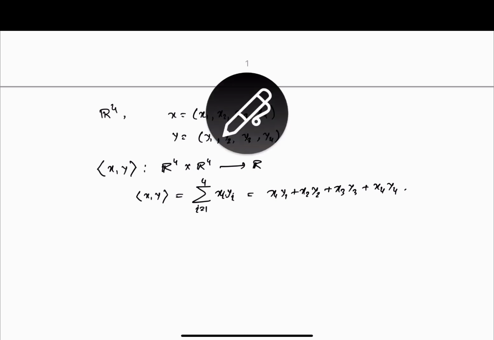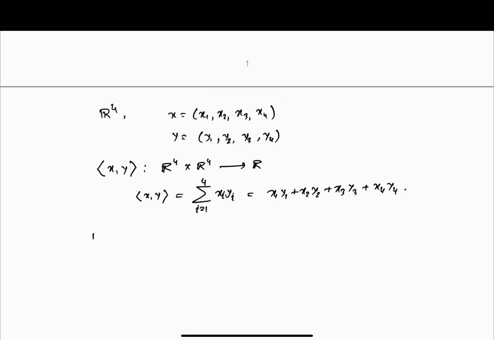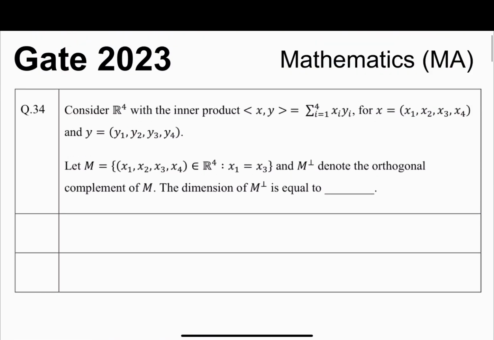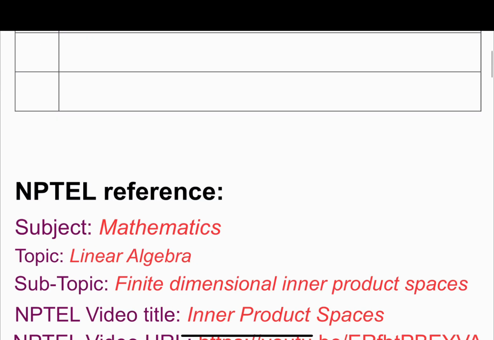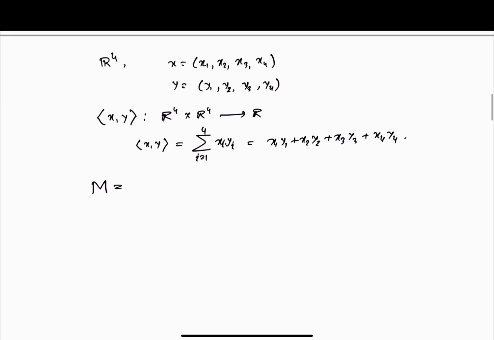Okay, and what is given is that M is a subspace of R4, given by x1 equals x3. So M is the set of x1 x2 x3 x4 in R4 such that x1 equals x3. You can easily check that this is a subspace of R4.